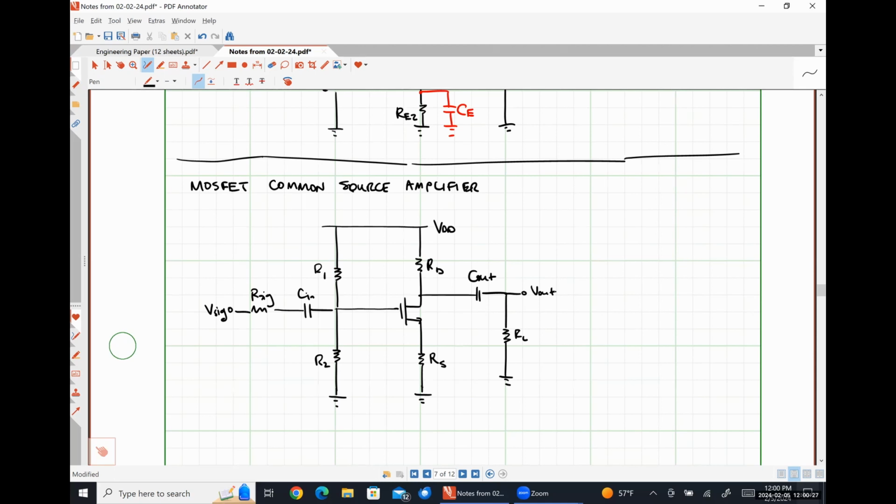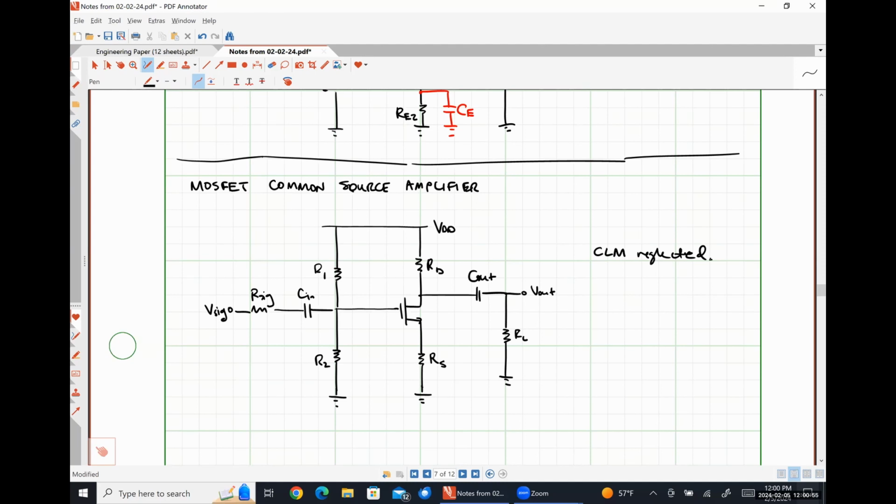So what I want us to do is to analyze this circuit straight from the jump, under the constraint that channel length modulation can be neglected, just for the sake of it.